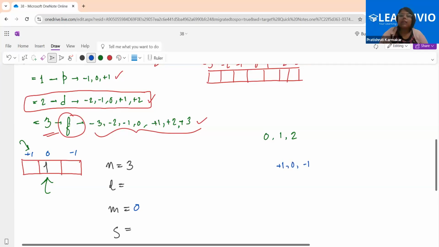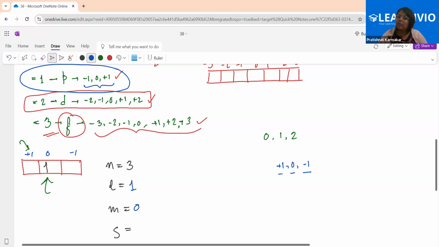So here I have written that when the value of L is 1, we call it p orbital and the values of m are minus 1, 0 and plus 1, right? That is 3 and we have 3 boxes here.